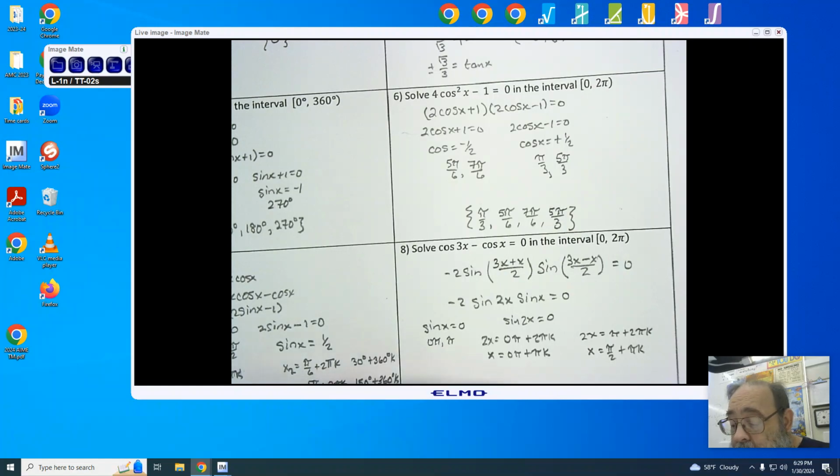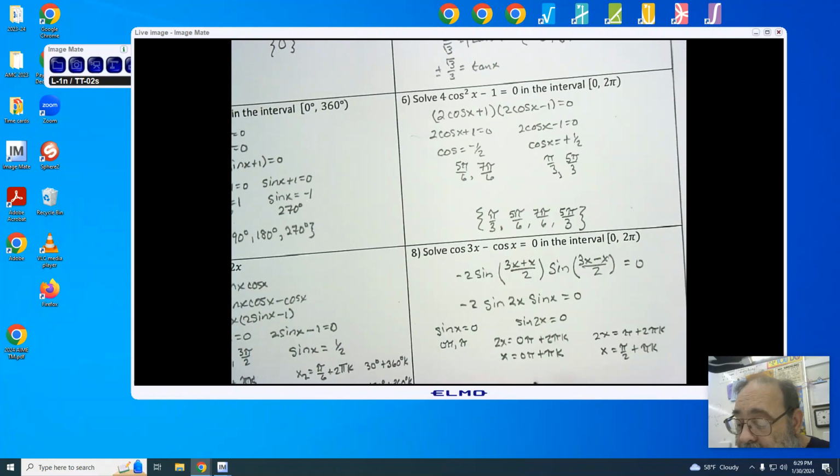All right, let's just go ahead and make sure that they're within 2 pi. So I have 0 pi, pi. They're the same as what I had here. Then I have pi over 2 and 3 pi over 2.